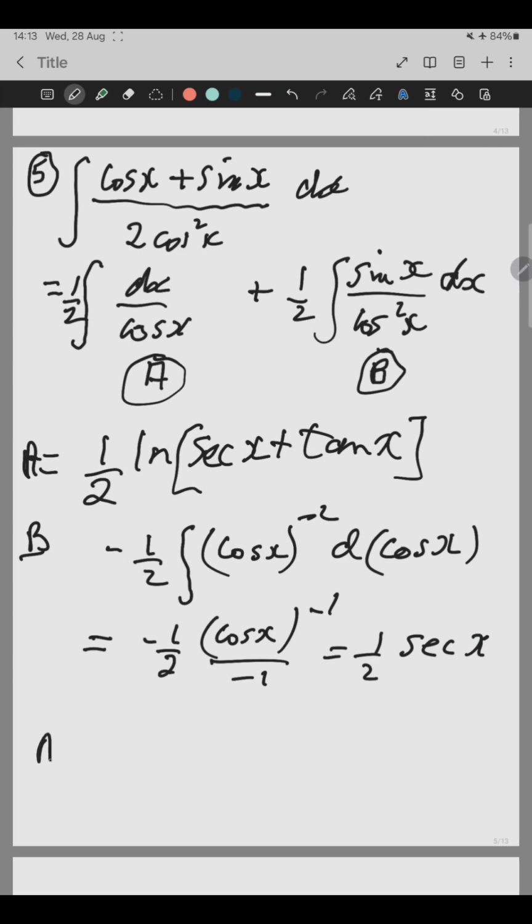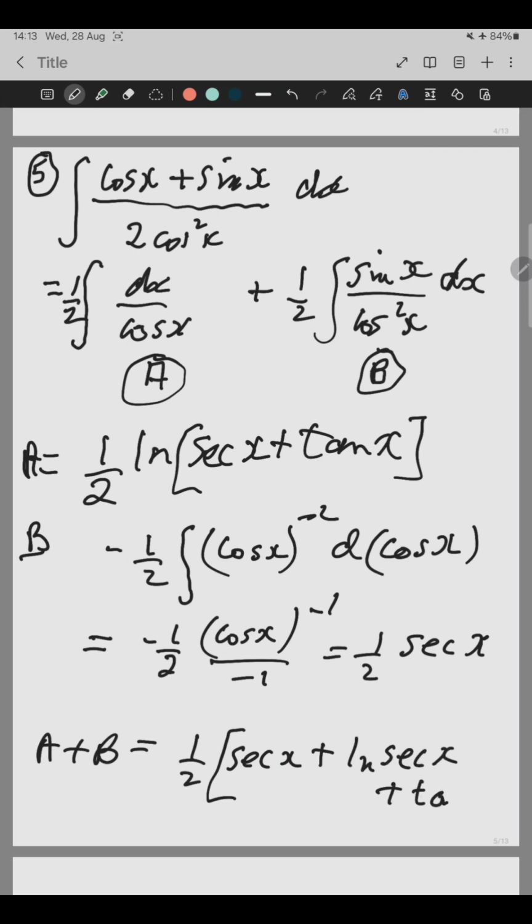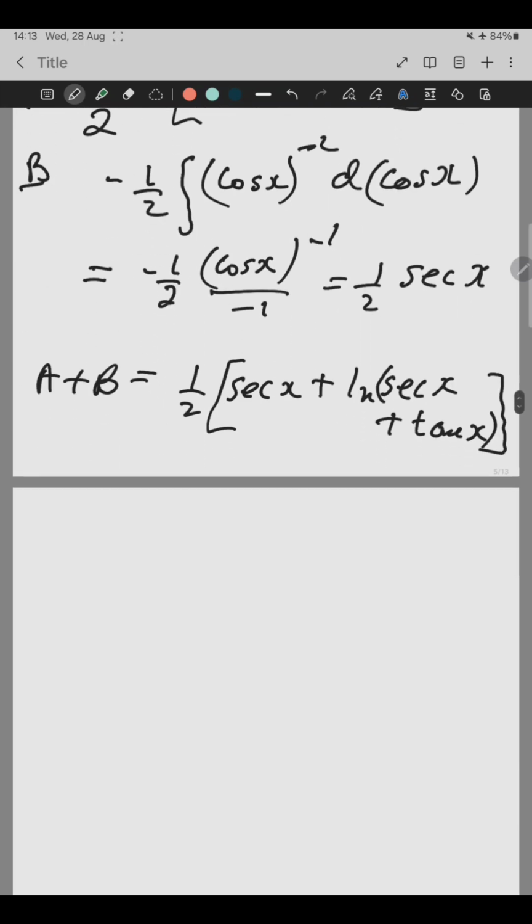So a plus b will give us 1/2 of sec x plus log n of sec x plus tan x. And that completes number 5.